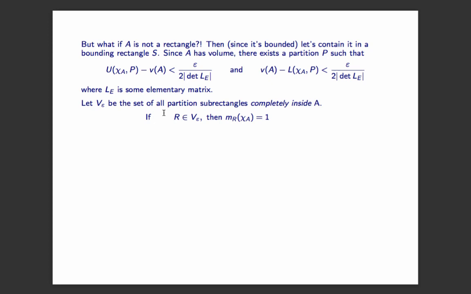And of those subrectangles, we're going to call V epsilon all subrectangles completely inside of A. And of course, if that subrectangle is completely inside of A, then the characteristic function chi of A is 1 on the entire subrectangle. So if my function is constant on the rectangle, the infimum over that subrectangle must be that constant, 1.